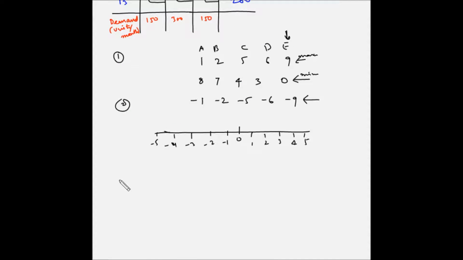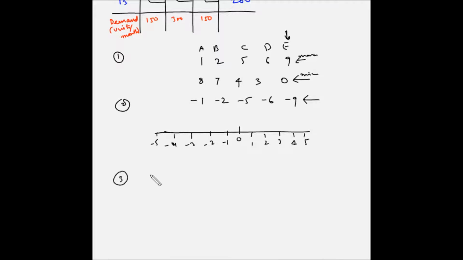Now the third solution option is to solve the problem as a maximization problem. Now how do we do that? So we'll use the same methods as used for the minimization objective problems. However, we'll just reverse the objective from minimization to maximization while solving the problem.